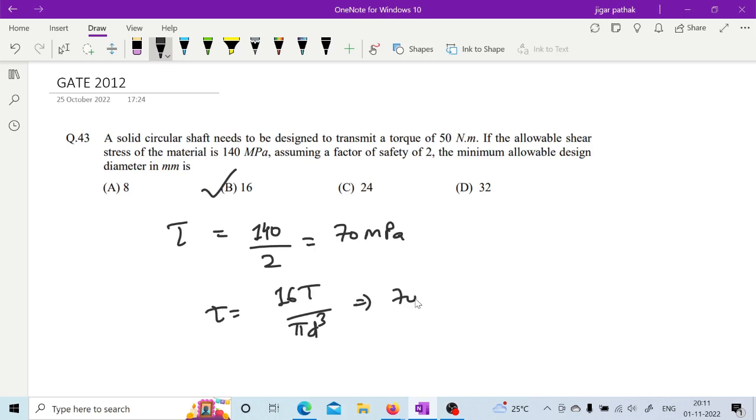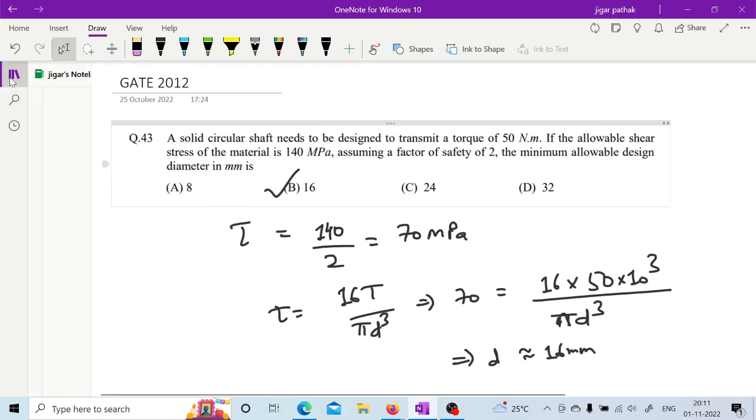So 70 is equal to 16 into T, where T is 50 Newton meter, so 50 into 10 raised to 3 Newton mm, and then pi d cube. So then d will be almost equal to 16 mm.